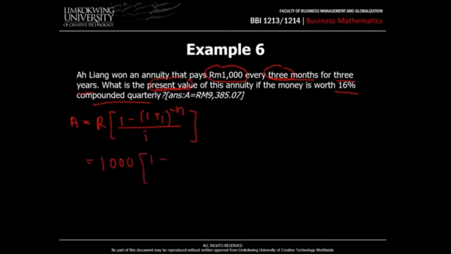1 minus 1 plus, what is i? 16% compounded every 3 months. Compounded quarterly, so 16 divided by 4, you get 4%. So here 4% negative for how long?